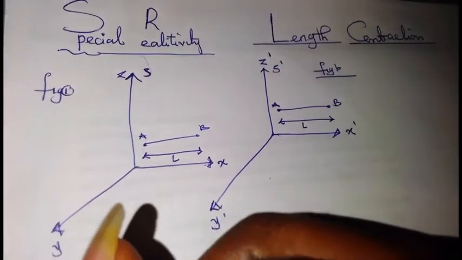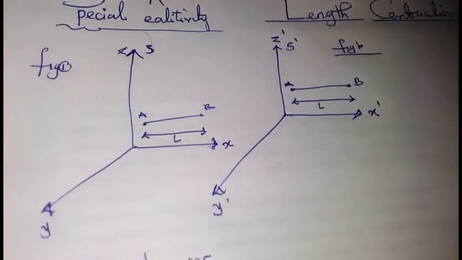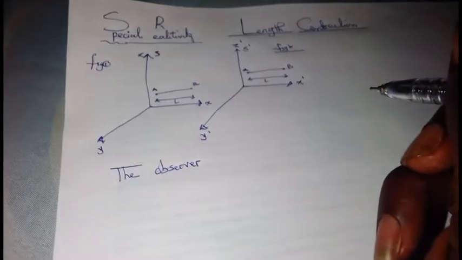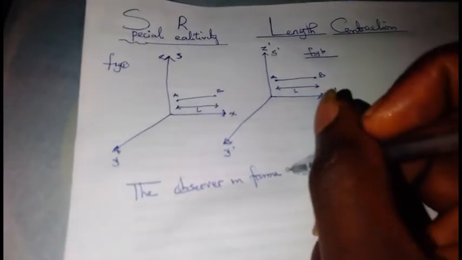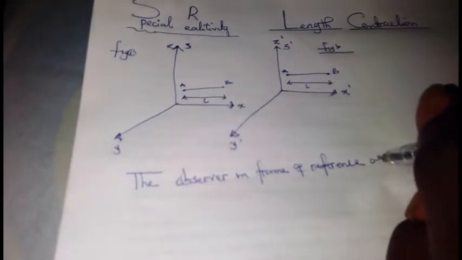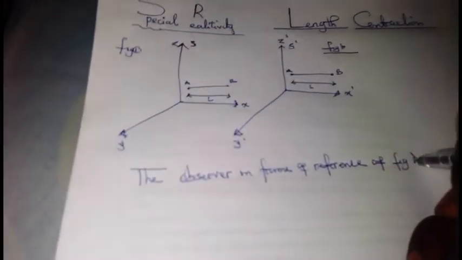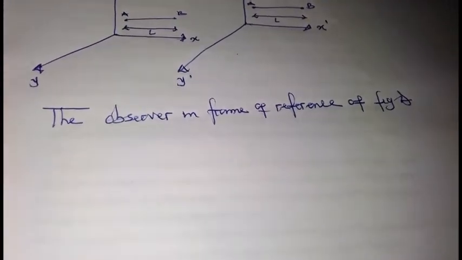So the observer in the frame of reference of figure A will have A open bracket x, y, z, t, because we will be dealing with time.